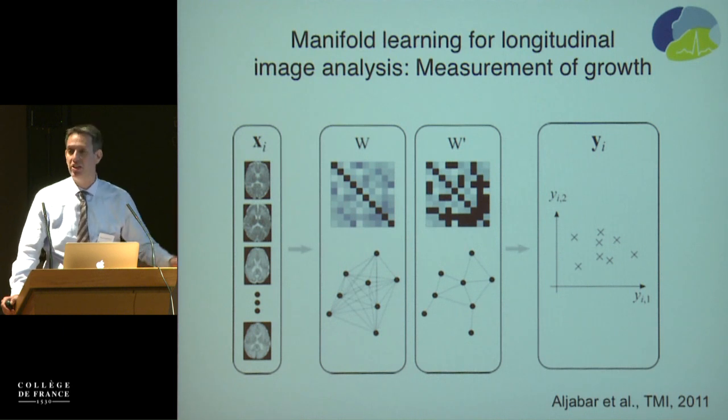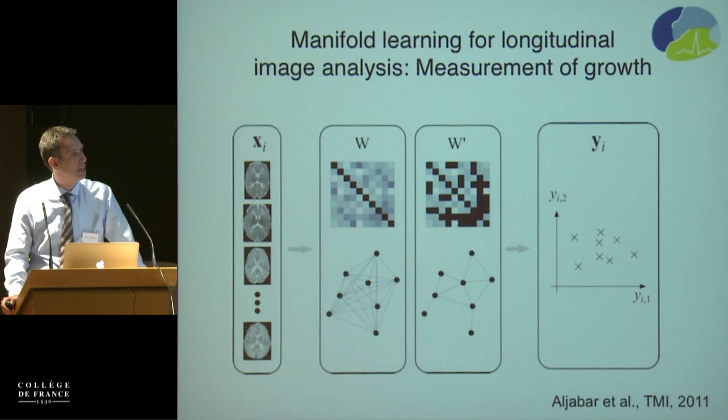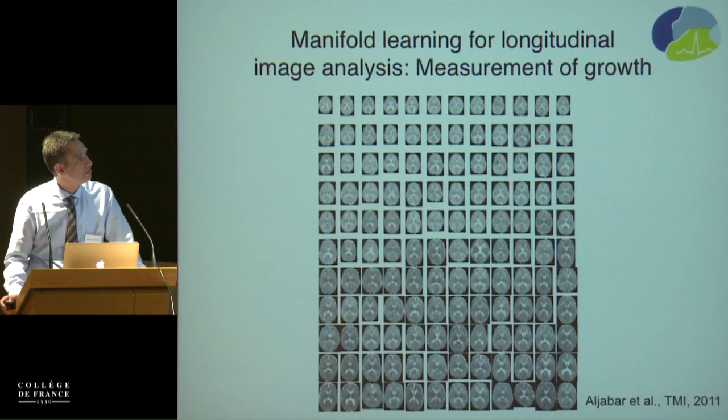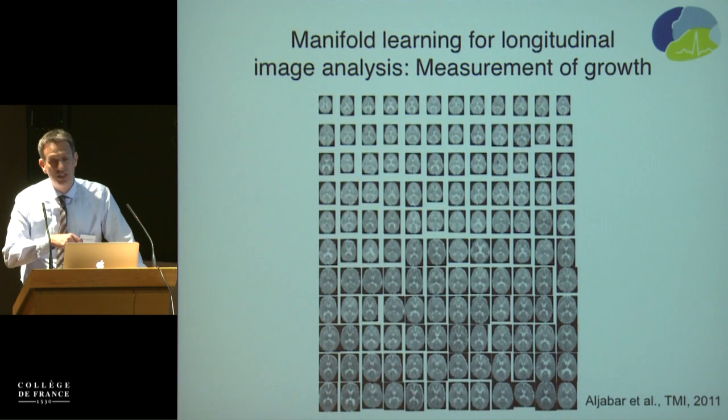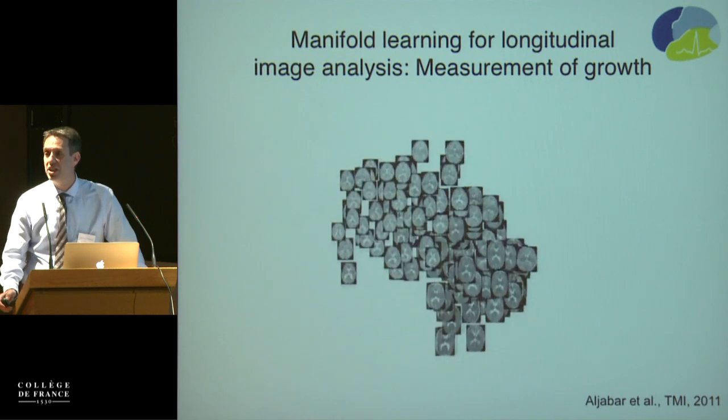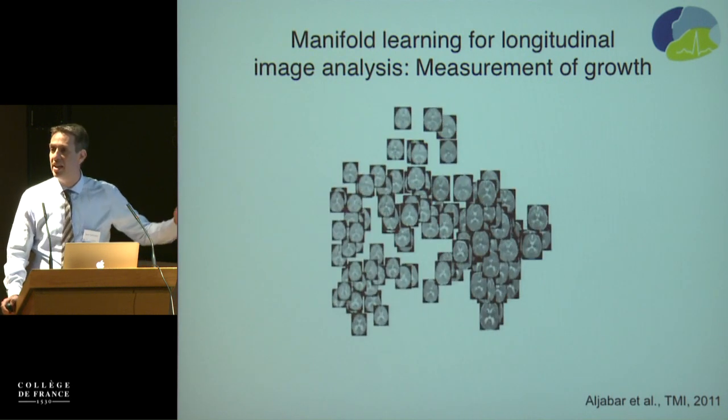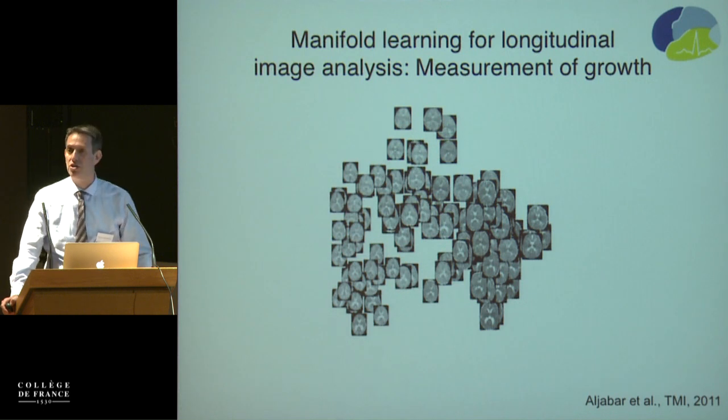We look at similarity in terms of shape and similarity in terms of appearance, which allows us to take a database like these brains here and rearrange all these brains in such a way that they are mapped onto the manifold according to shape and appearance similarity.